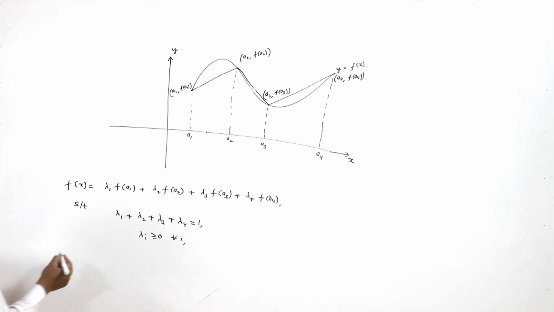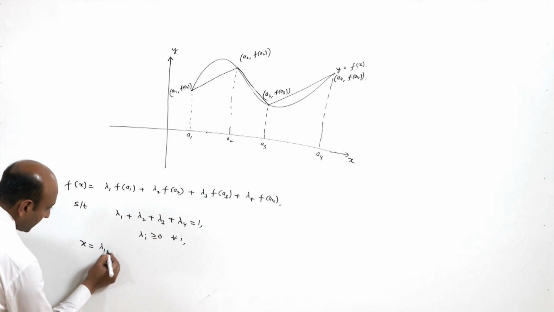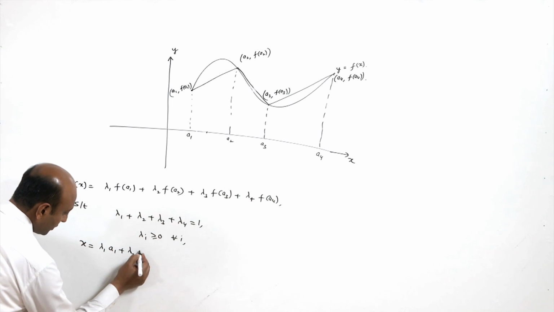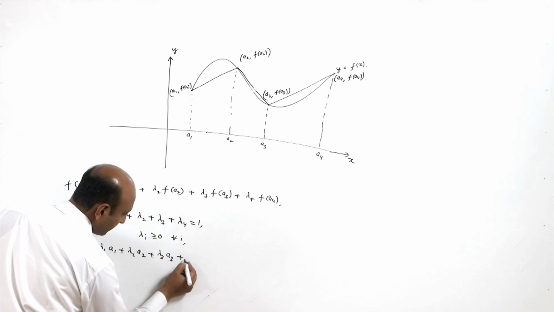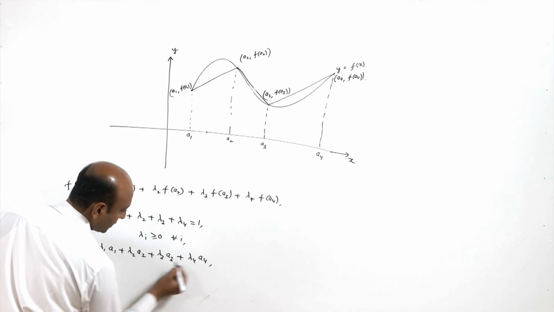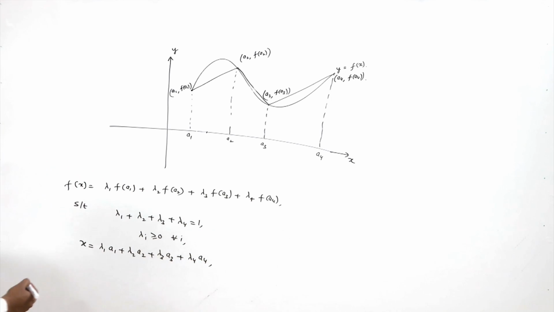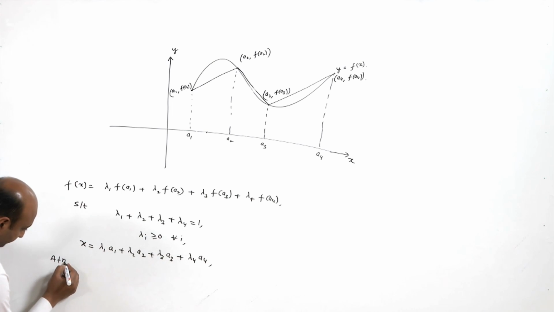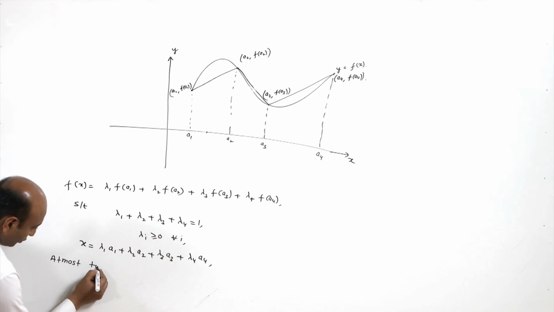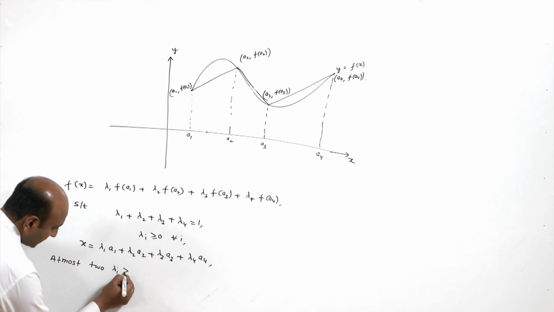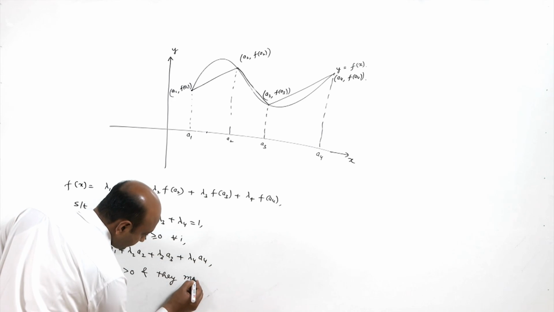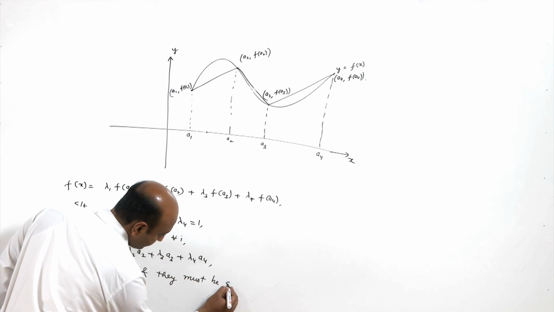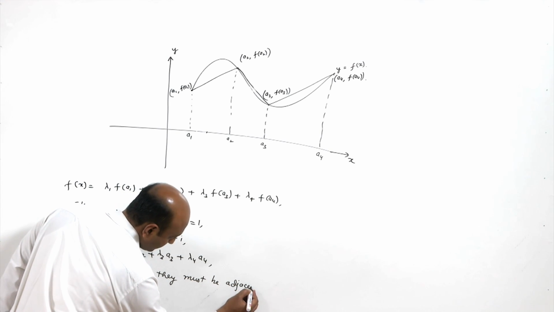And x will be lambda 1 a1 plus lambda 2 a2 plus lambda 3 a3 plus lambda 4 a4. And now the important condition here is that at most 2 lambda i's are greater than 0 and they must be adjacent. Why this? Let us see.